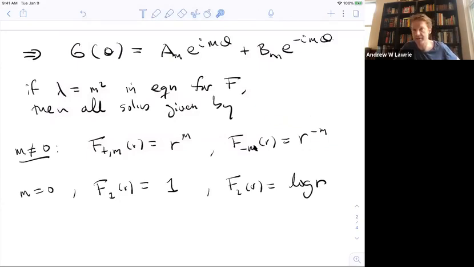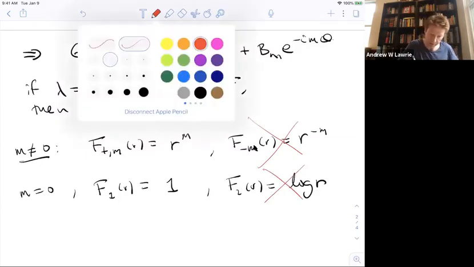R to the minus m becomes infinite as r goes to 0. So we are going to toss this one out. And same with log r. As r tends to 0, log r tends to minus infinity. So we're not interested in those solutions to the f equation either.